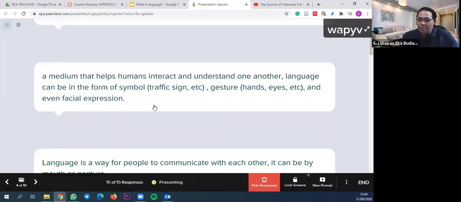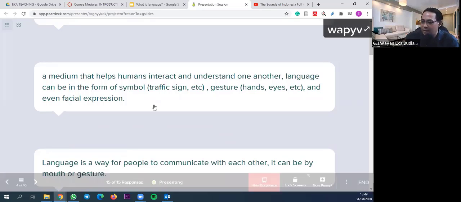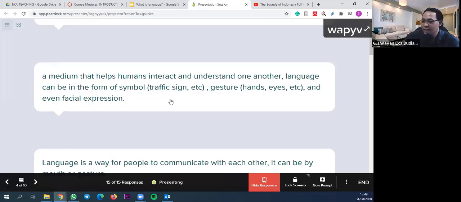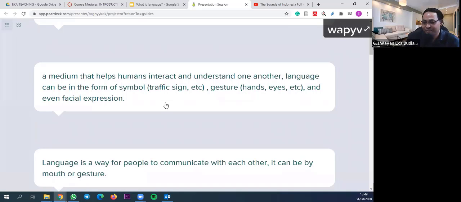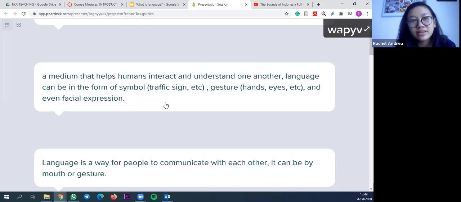Who answered this one? A medium: language is a medium that helps humans interact and understand one another. Language can be in the form of symbol, traffic sign, gesture, and even facial expression. Go on, Rahel. I think the main keyword is meaning.